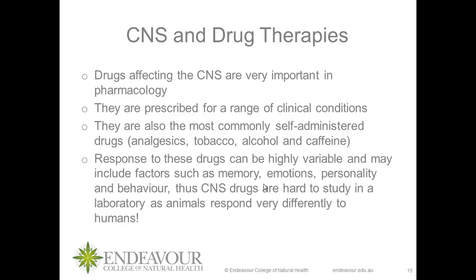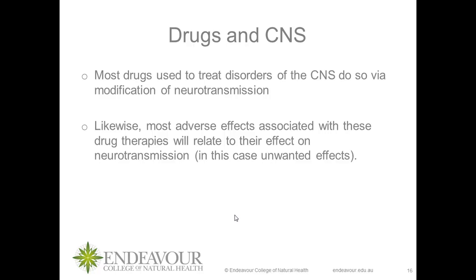Another thing to consider is that you can't actually study these drugs acting in the CNS in animals. To do your efficacy studies, it has to be done in humans. We need a human response. We can still study them for their toxicity in animals, but to study efficacy and other aspects of toxicity, we need to study them in humans, and as you'll appreciate, there are ethical considerations with those studies.